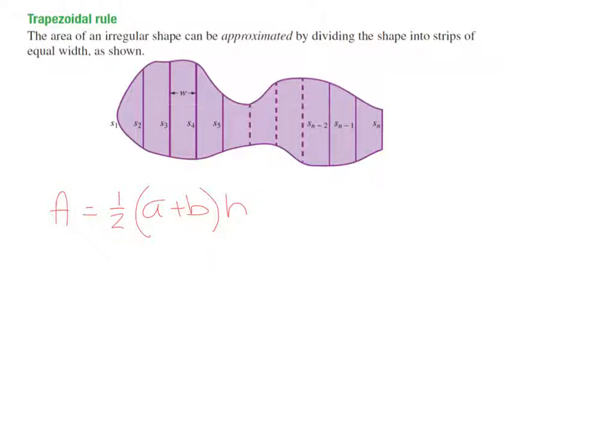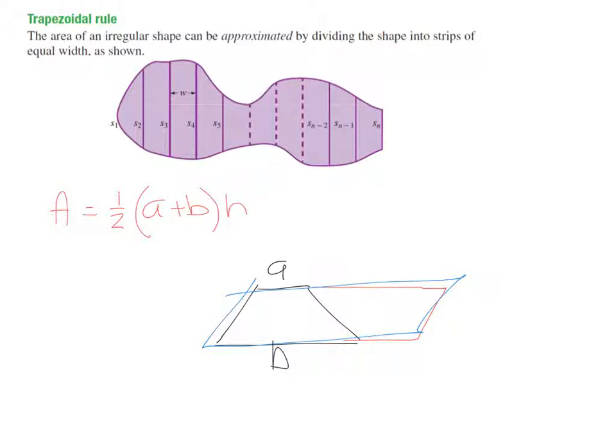And of course we do a half because with a trapezium, let's actually draw one. With a trapezium, if we drew one like this, and then if we drew a second one of equal size over this way, do you see what we get? We get a parallelogram. So this here is a parallelogram. And again, we've got side A and B, and this is side A, and this is side B, if we use A for little and B for big.